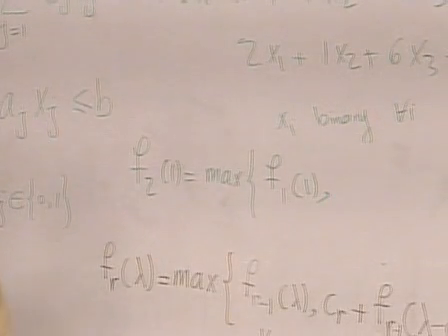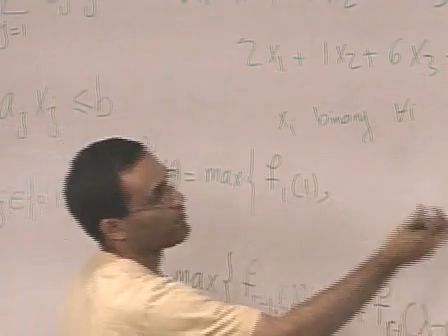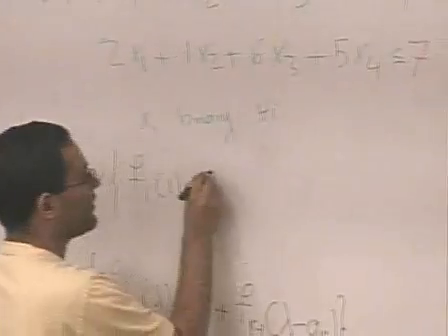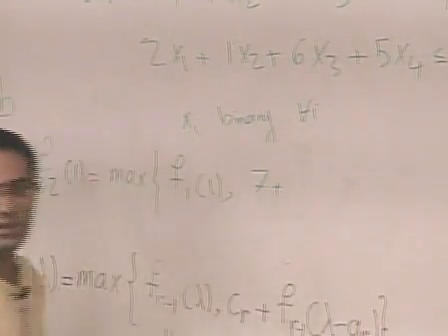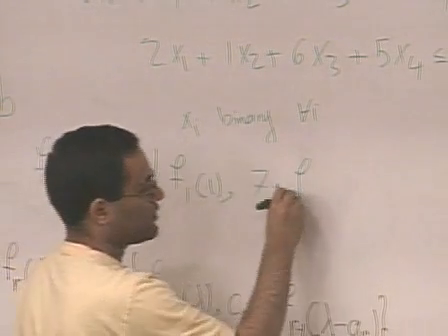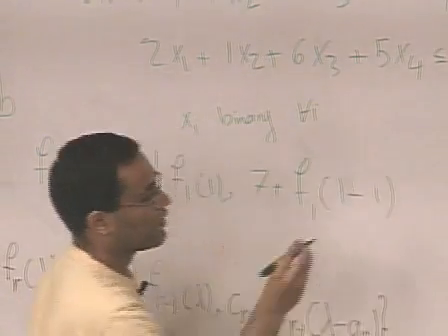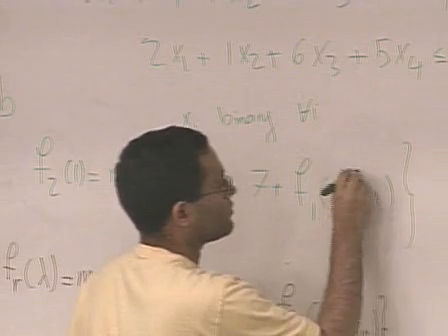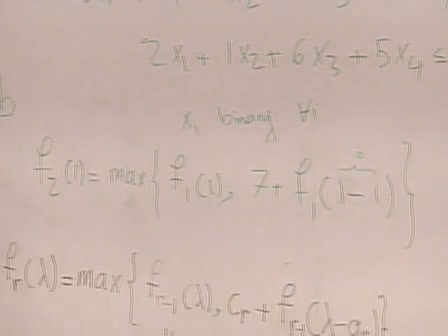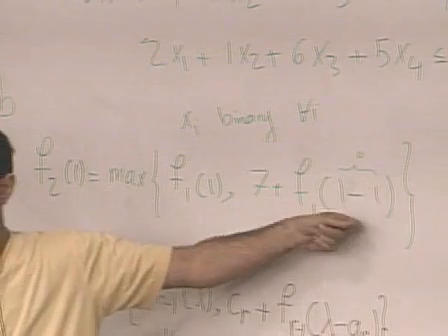Or I put this item there, I choose the second item, so I get its value, which is 7, and go to the stage before without any capacity left, which is f1 of 1 minus 1, which equals 0. So now I have to decide if I want to do this one or if I want to get this one.